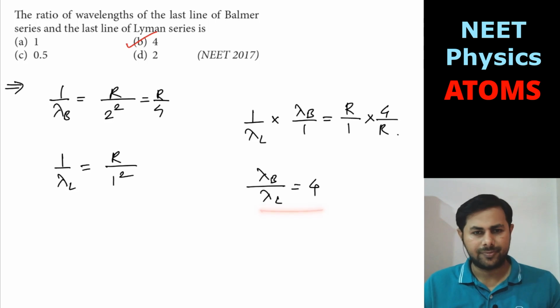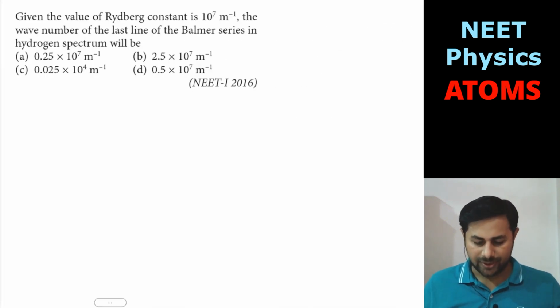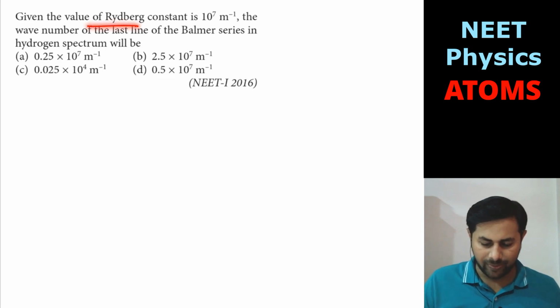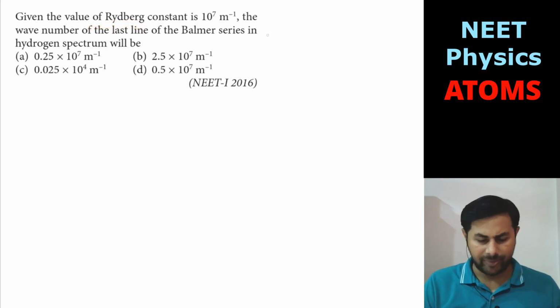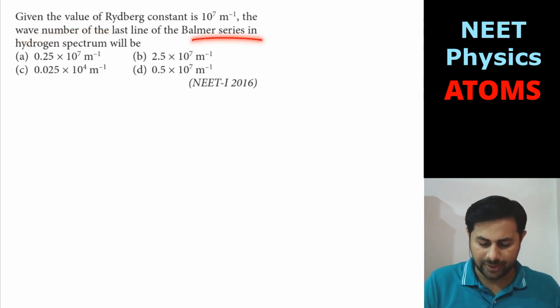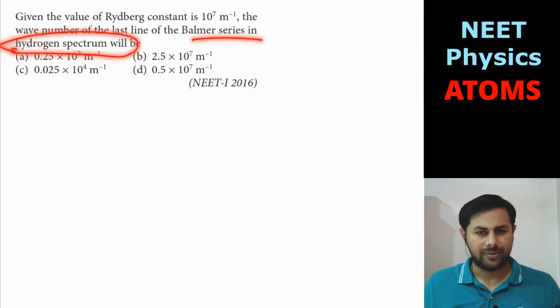This is clear. Right, good. Okay, let's see next one. Given the value of Rydberg constant is 10 raised to 7 per meter, the wave number of last line of the Balmer series in the hydrogen spectrum will be.